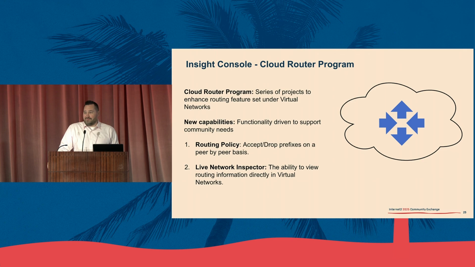They're in multiple clouds. They've got their campus connected to multiple clouds. They might want to filter some of the prefixes from one cloud to another. This feature will give them the ability to build essentially a prefix list of accepted prefixes from a peer, apply that to the peering with the cloud provider, and filter some of that from reaching the rest of the network. So that's going to be one of the first new capabilities we have.